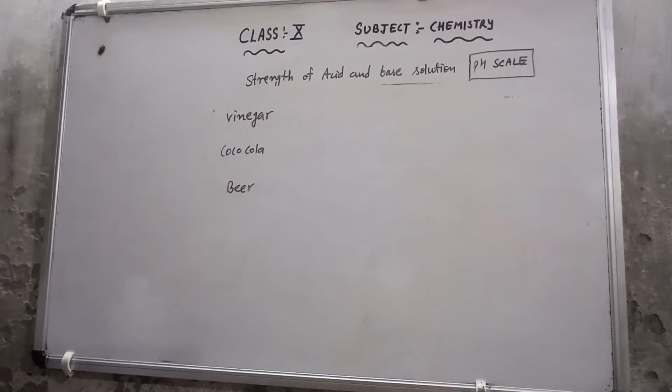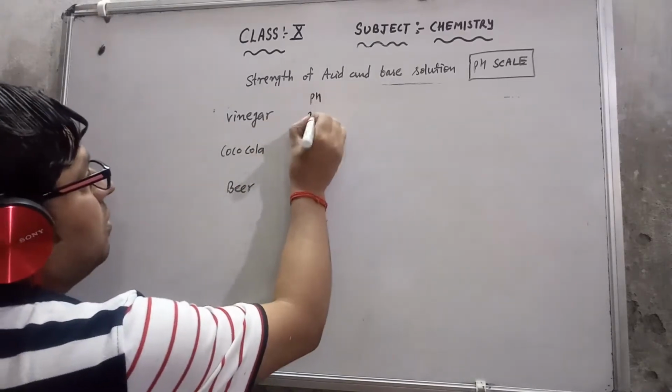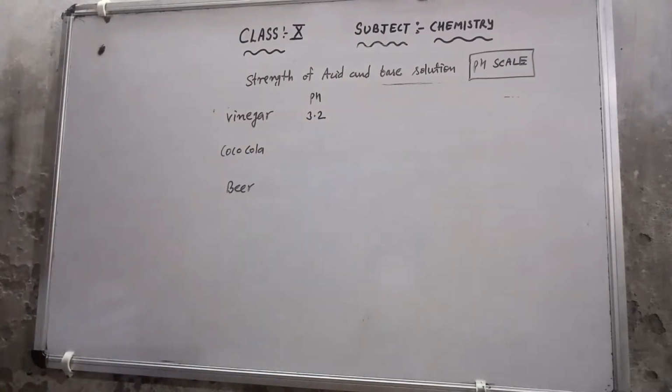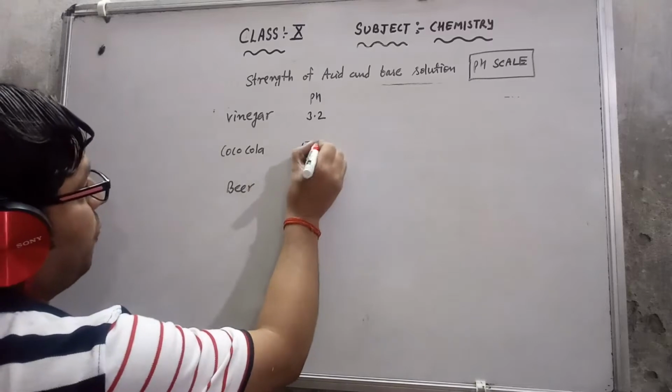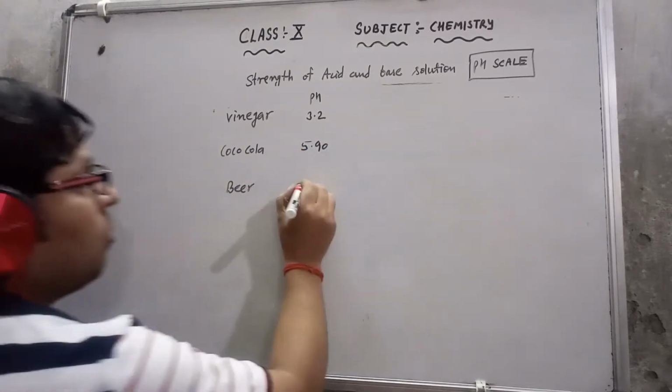The vinegar has a pH value of 3.2, Coca-Cola has a pH value of 5.90, and the beer has a pH value of 4.8.